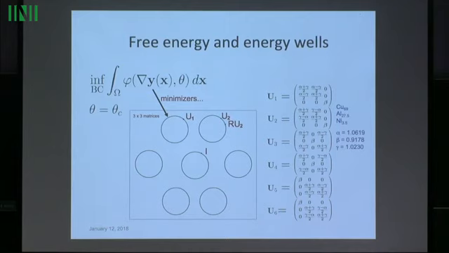So U1 minimizes phi, and U2 minimizes phi, and all the 6: U3, U4, U5, U6. At the transformation temperature also the identity minimizes phi, and this circle attached to the identity represents the austenite phase, the cubic phase in this material. This other phase is actually an orthorhombic phase, and there are 6 energy wells associated with the orthorhombic phase.